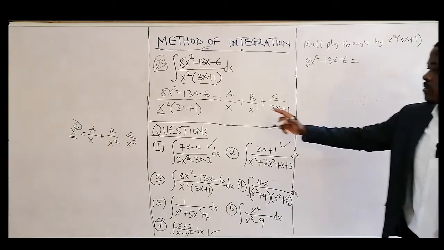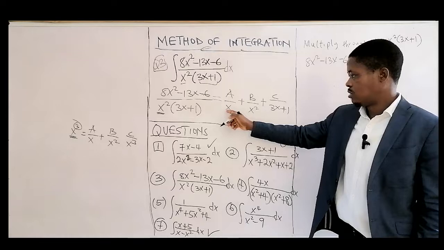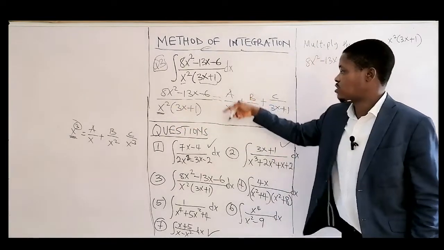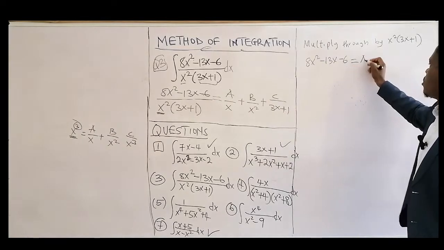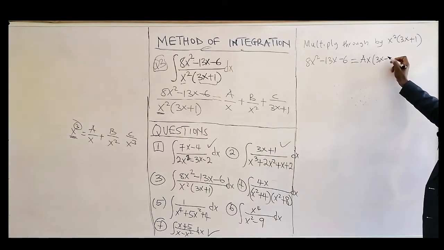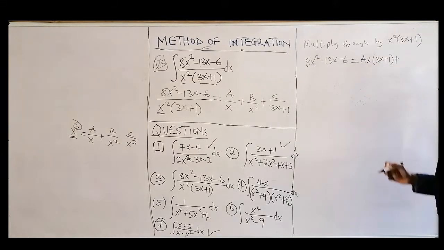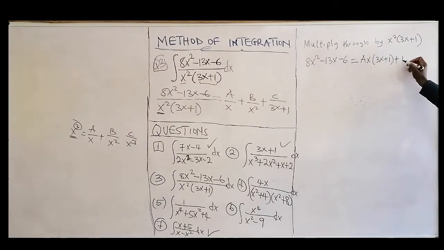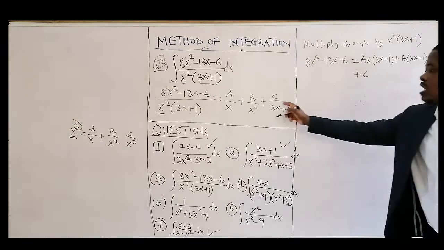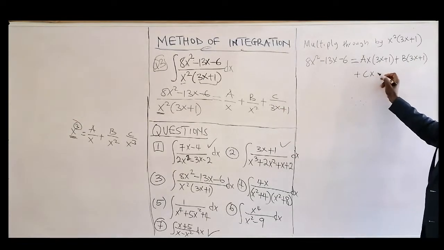Here, one of these will go; it will remain x squared times this fraction, so that will be A into brackets x(3x plus 1). For the second one, x squared will go, then we have B into bracket 3x plus 1. Then for the C, this will cancel, then you have C x squared.